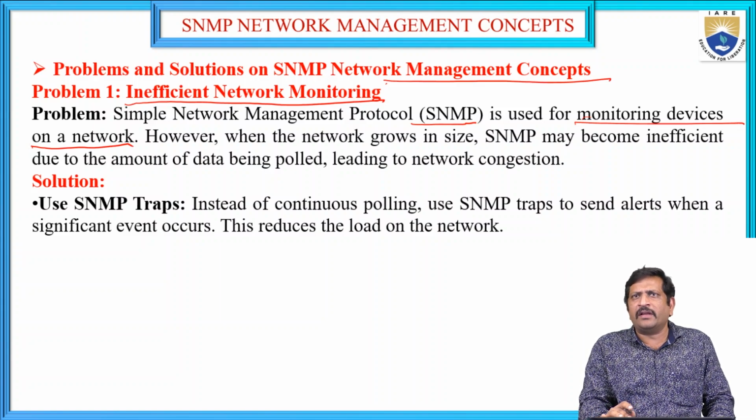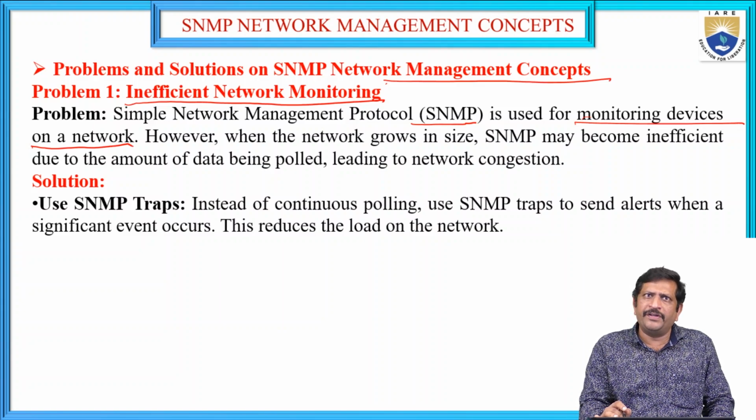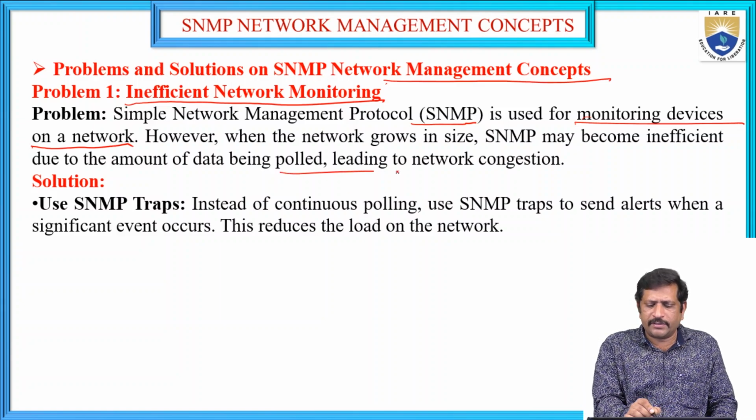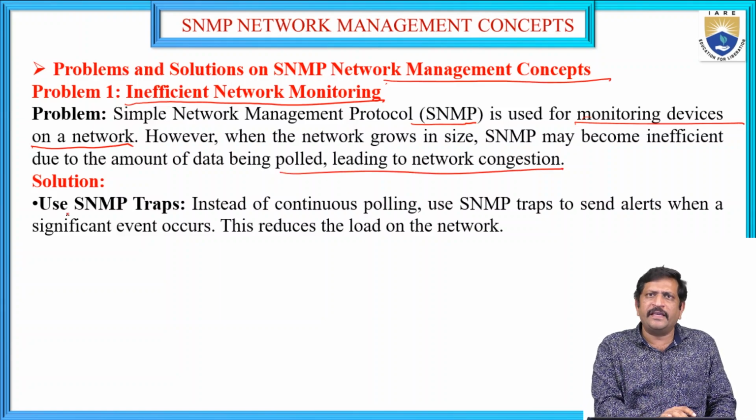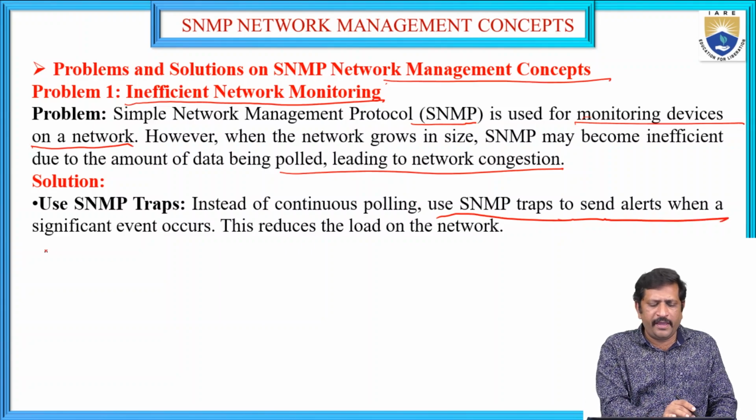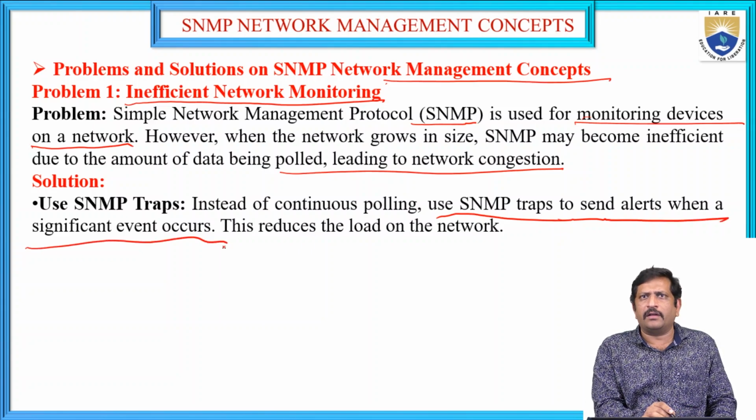However, when the network grows in size, SNMP may become inefficient due to the amount of data being pulled, leading to network congestion. That means, instead of continuous polling, use SNMP traps, which send alerts when significant events occur.